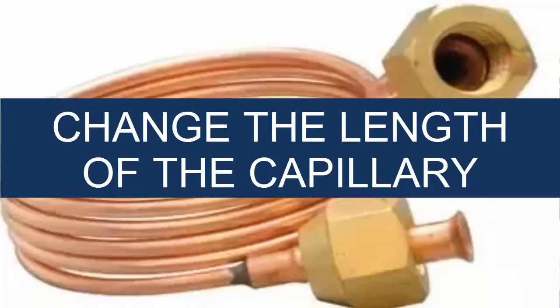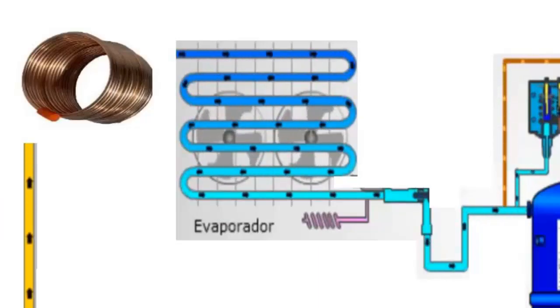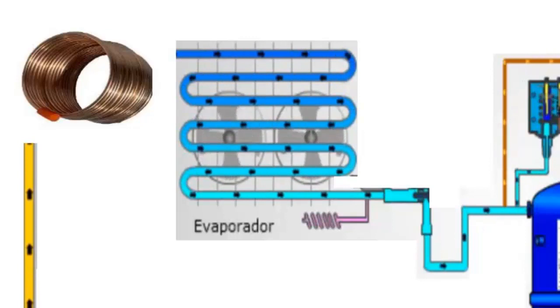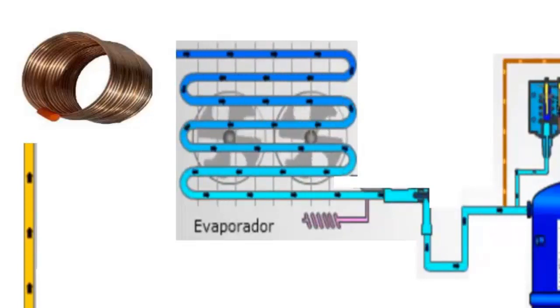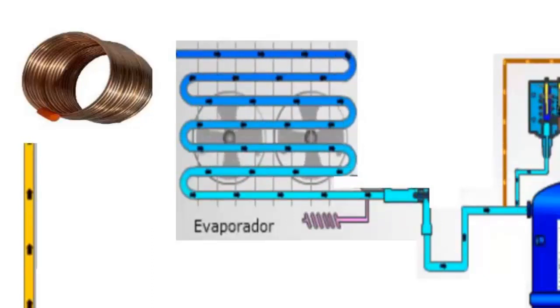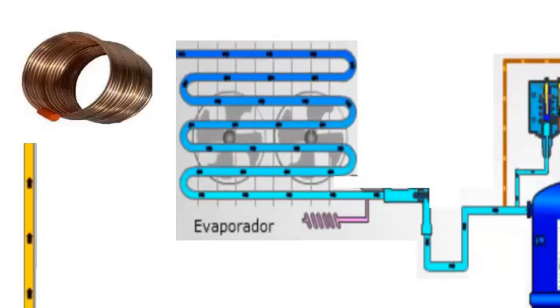With the length of the capillary, we can achieve short variations in the low pressure. In fact, the length will always modify the high pressure more than the low pressure. But since we are in low pressure, we are going to make the cut of the capillary or lengthen the capillary.